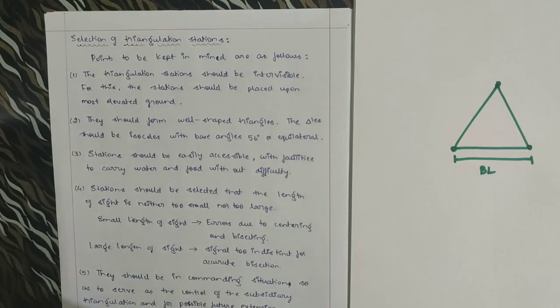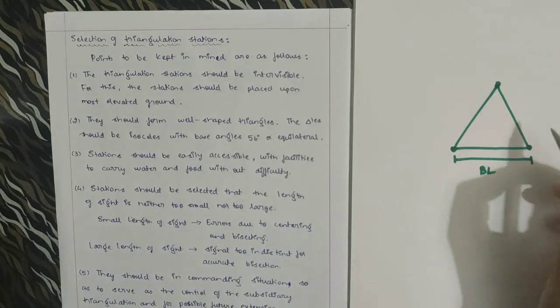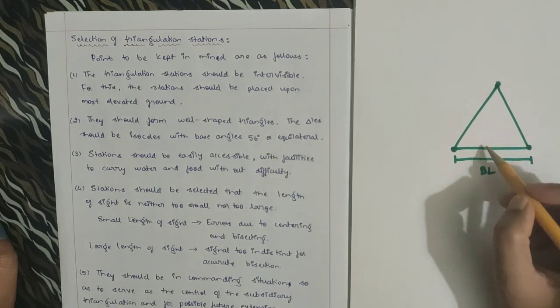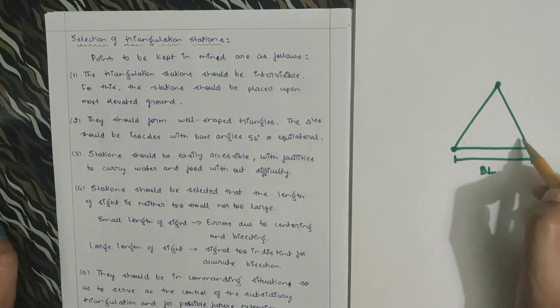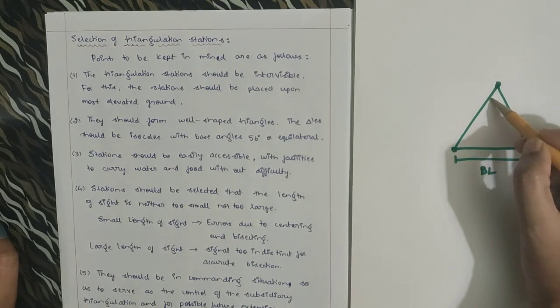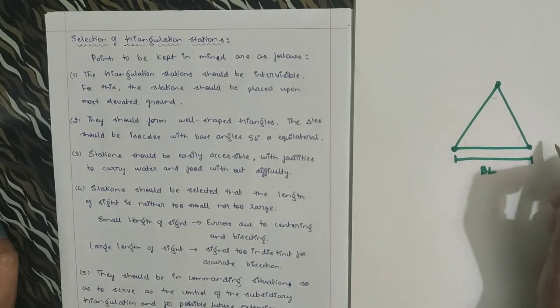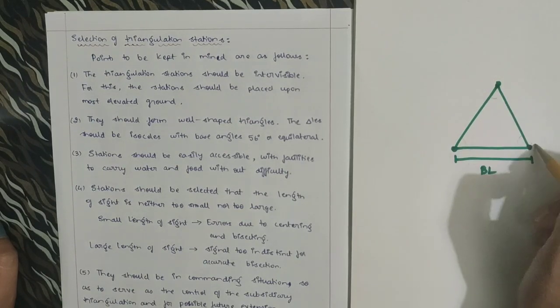Now let us see what is a well-shaped or well-conditioned triangle. This well-conditioned triangle is nothing but a triangle of such a shape in which any error in the angular measurement has minimum effect upon the computation of lengths that are computed.